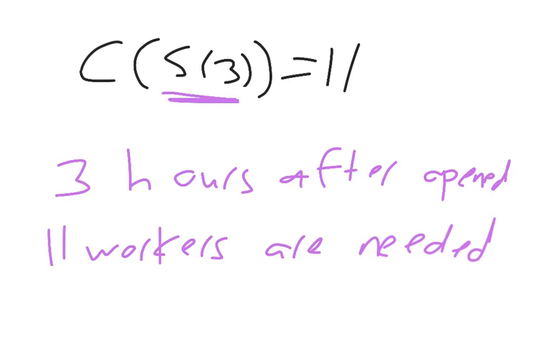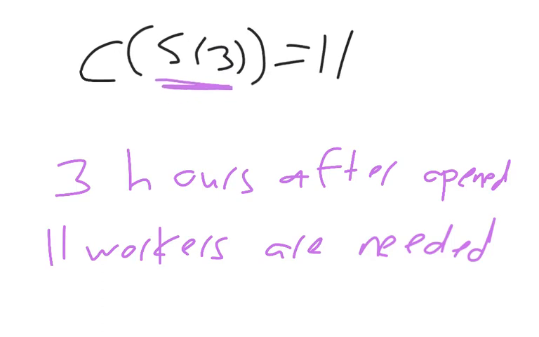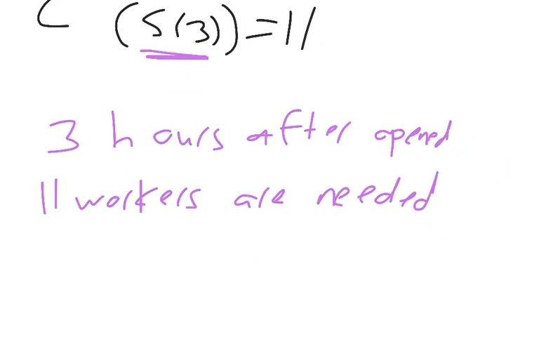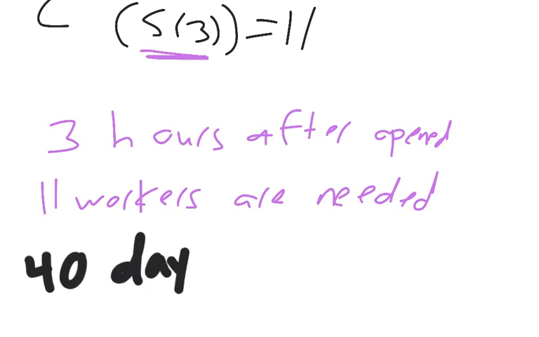Number 7 is similar, right? Same idea. If I'm trying to find T of H of 40, I'm plugging 40 into H, which is taking the place of D, where D represented the number of days into the school year. So I'm going to be 40 days into the school year.